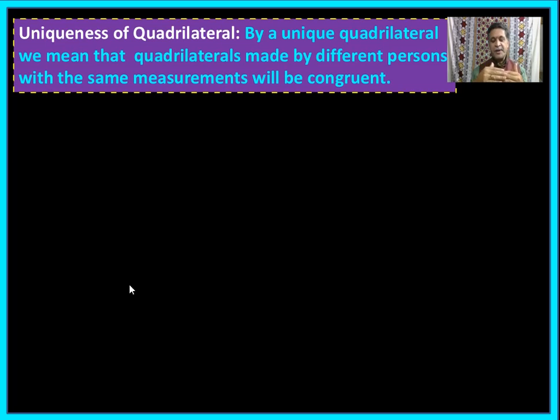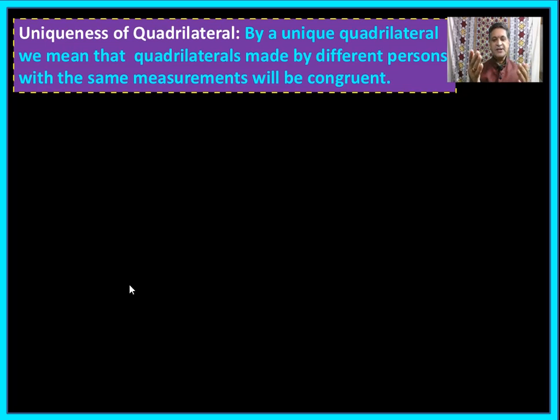What is congruent? Congruent means the measurements and shapes of the two figures are equal. You take two shapes, two diagrams. If you measure all the sides, both are equal and the shape is also equal. This is called congruent.